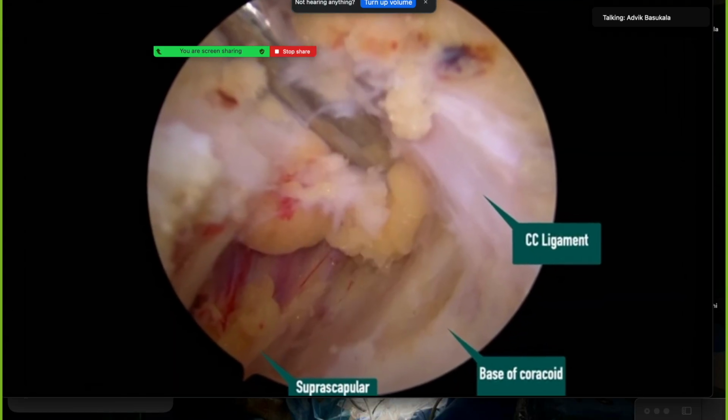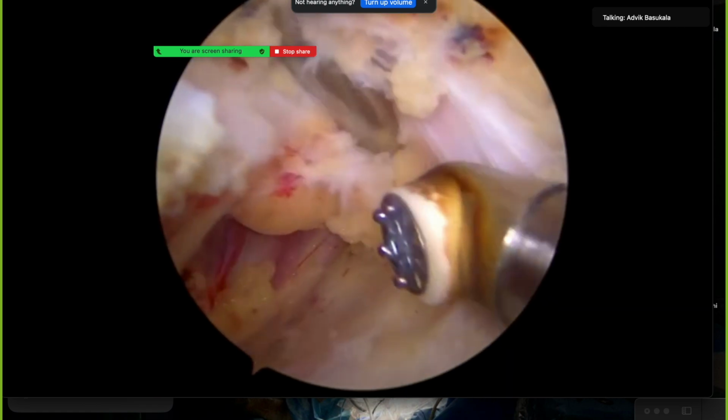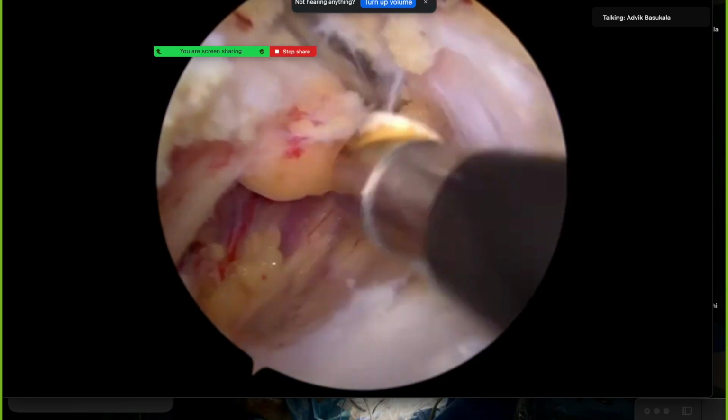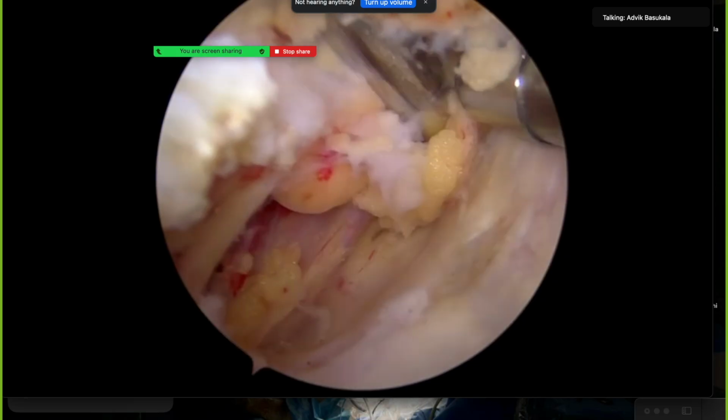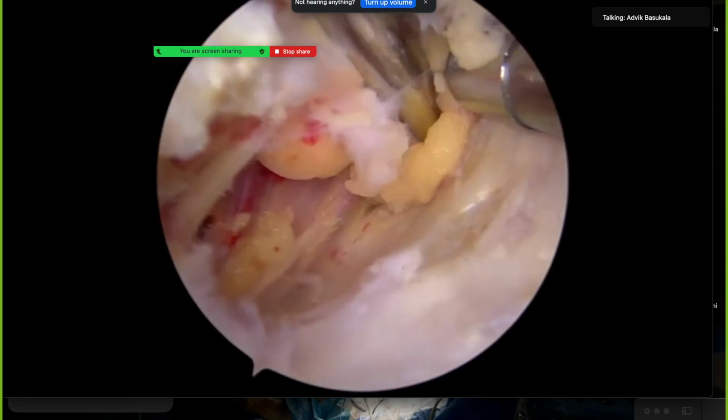That is the CC ligament, the base of the coracoid is there, there is the nerve. If you trace it, that is the CC ligament, we should not cut it. Go below that.